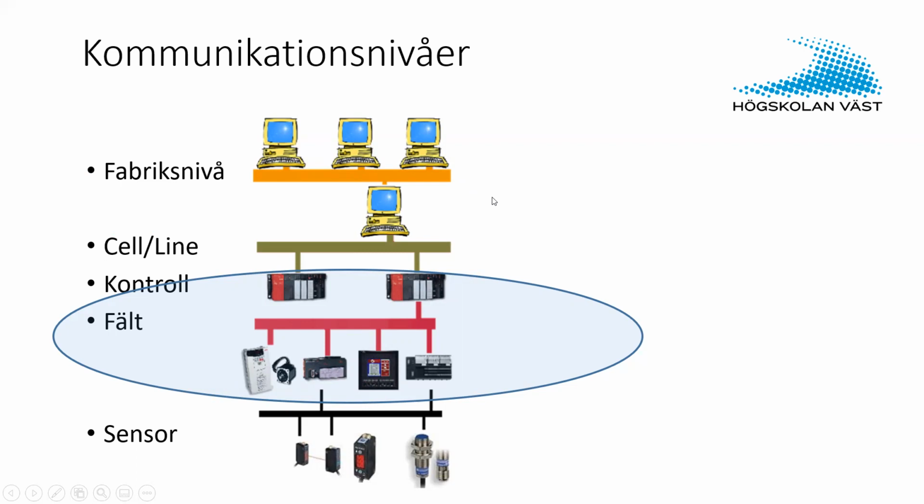And when we talk about field buses, we really mean the communication down here. So it's not the normal local area network or something. It's the buses and communication that has these real-time requirements or requirements on deterministic behavior. That's the field buses.